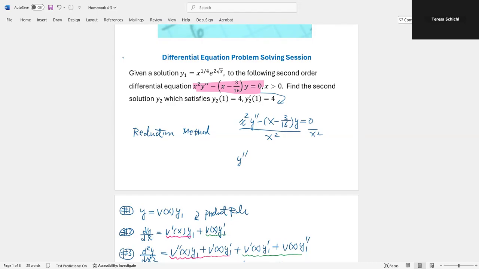All right, so this will be y double prime minus x minus 3 over 16 x squared y equal to 0.